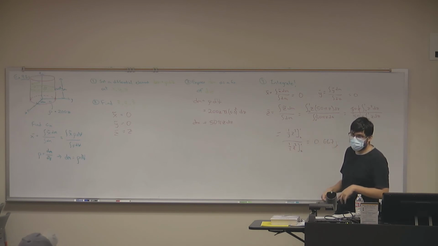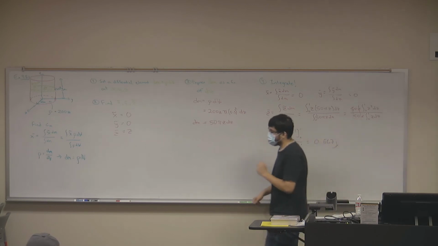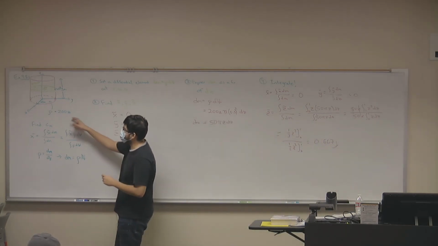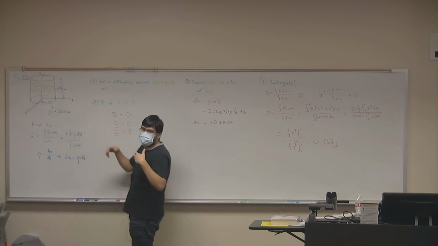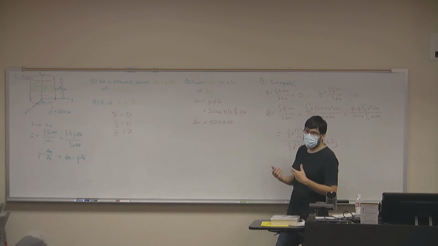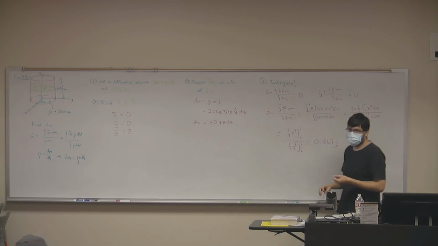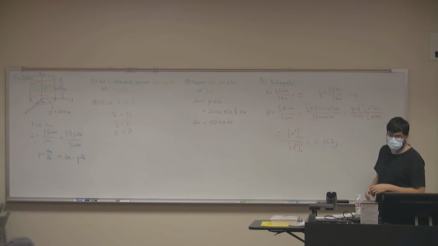I don't recommend it because this problem gives us an easy variation of density, which is just a function of z. When it becomes more complicated, it starts to become harder to visualize. And at that point, you want to just let the math do its job. Okay? Any other questions?